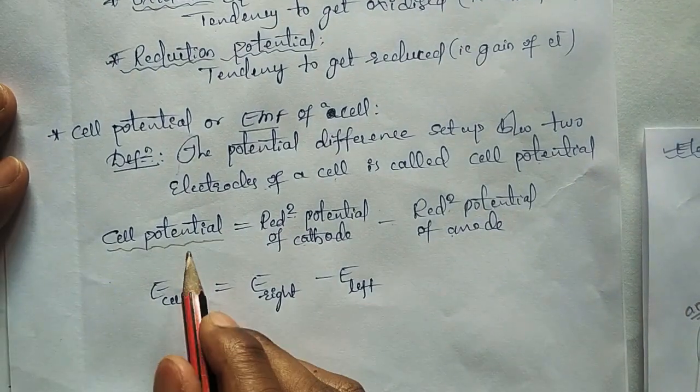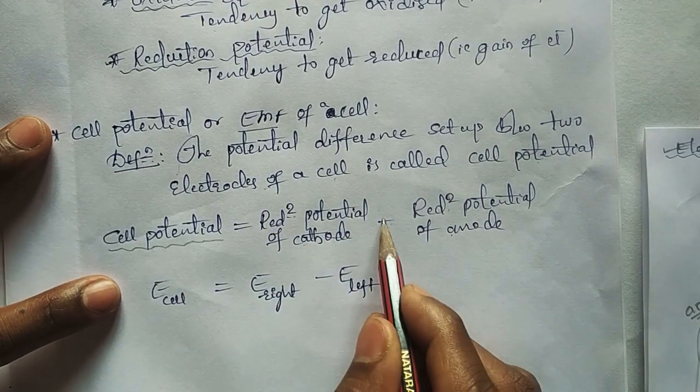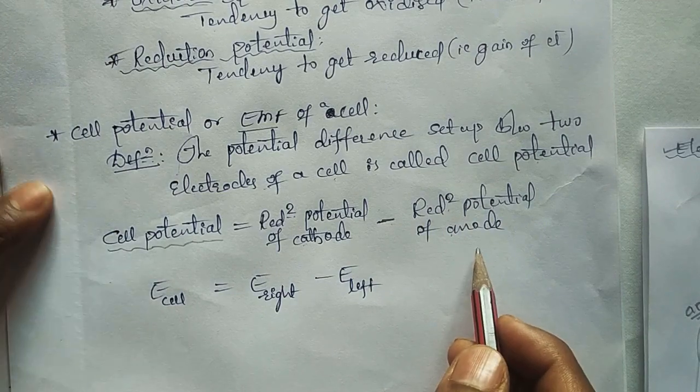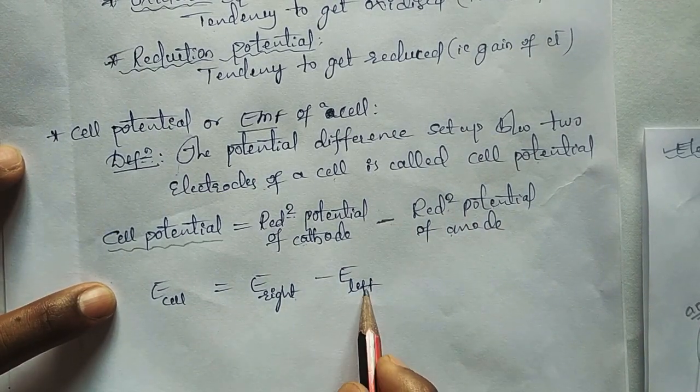तो यहाँ पर cell potential of a cell is nothing but reduction potential of cathode minus reduction potential of anode, and this can be written as E cell is equals to E right minus E left.